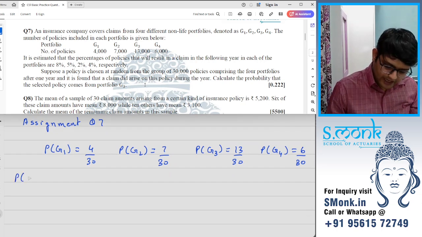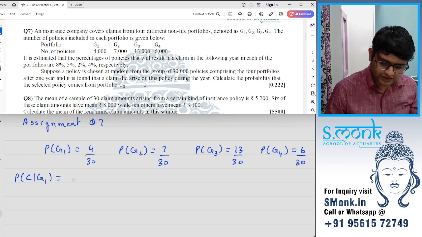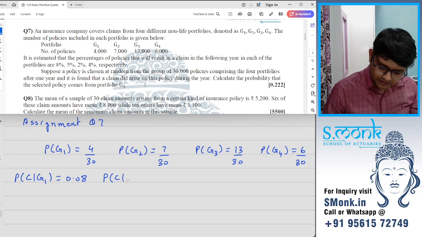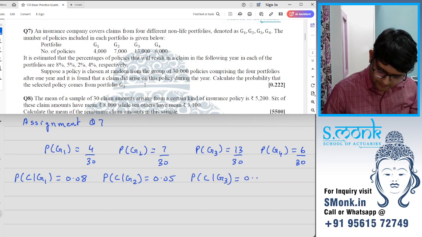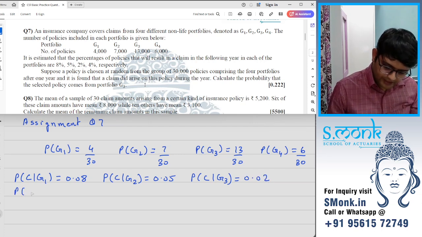Then the probability that we saw a claim given the policy came from G1 is 8%. The probability that we saw a claim given the policy came from G2 is 5%. Probability of claim given G3 is 2%, and probability of claim given G4 is 4%.